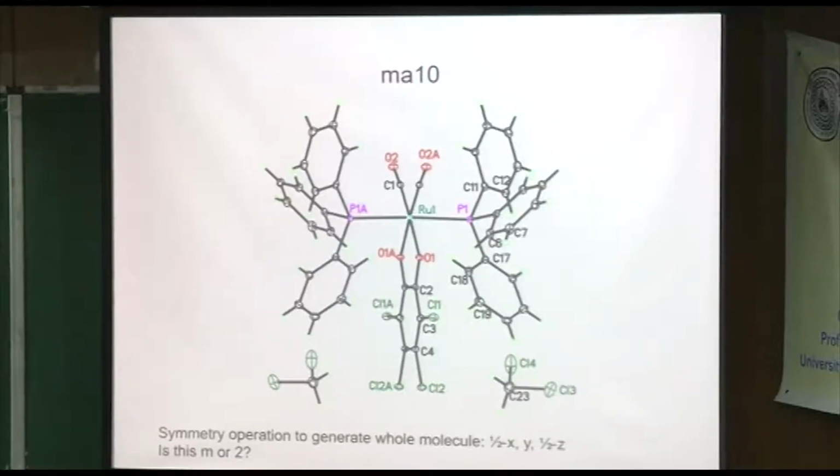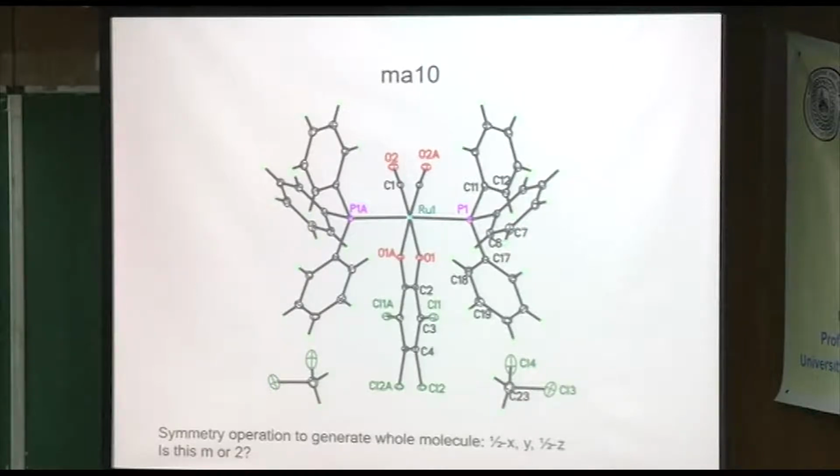Okay, this one was MA10. This one is actually on a symmetry position, so you only have half of that as the asymmetric unit, and then you grow it. So here's your question: does this molecule have twofold or mirror symmetry? What do you think?